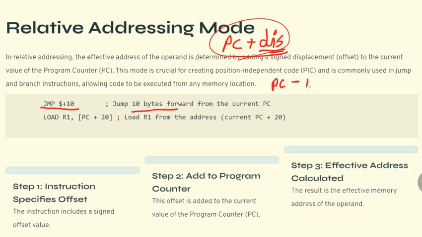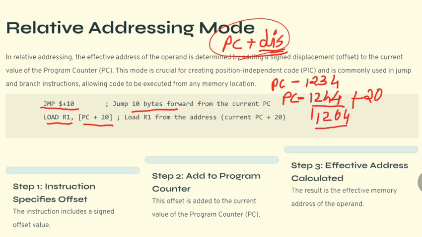Suppose the PC's current value is 1234. It will jump 10 bytes forward, so it becomes 1244. Now the PC's value is 1244. Now the instruction is load R1 comma PC plus 20. So it will do PC's value 1244 plus 20, that's 1264, and this is my effective address.